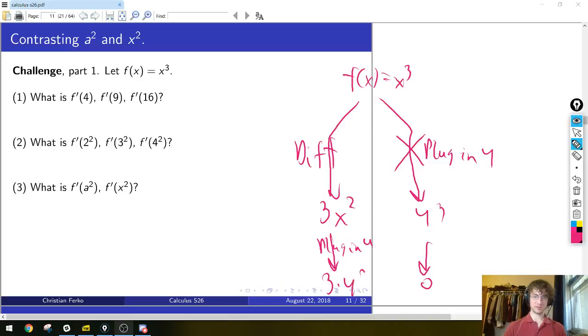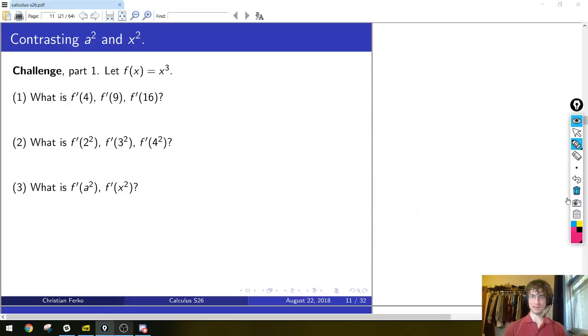So 3 times 4 squared. The notation f prime at 4 means take the derivative and evaluate that at 4. So the derivative is 3x squared in our first case. Okay, so what are these things? 48. Yeah, so this is 3 times 16, or 48.